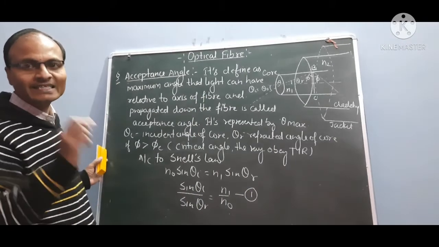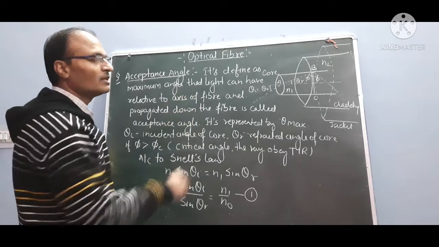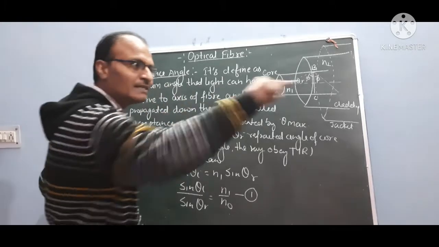Now the largest value of theta I occurs when phi equals phi C, when the signal propagates on the straight line.